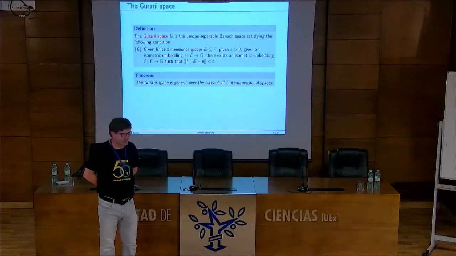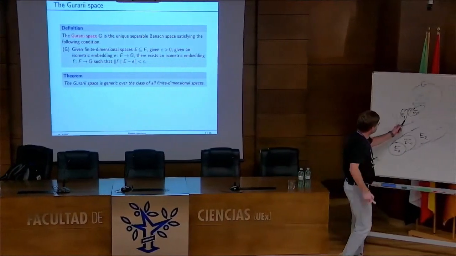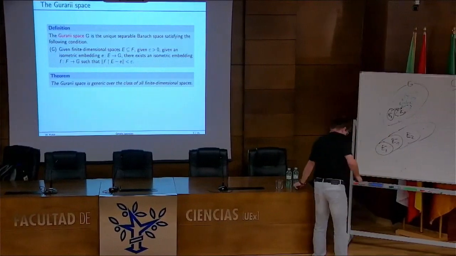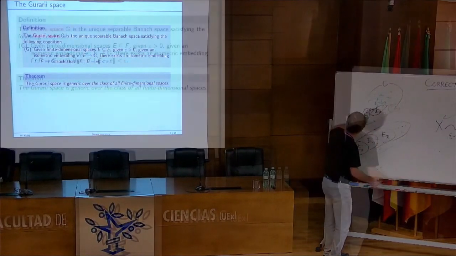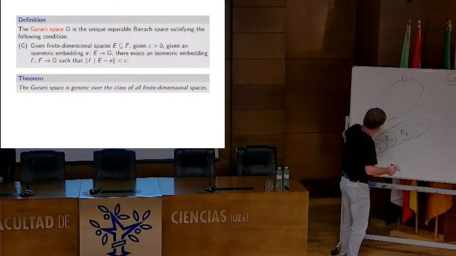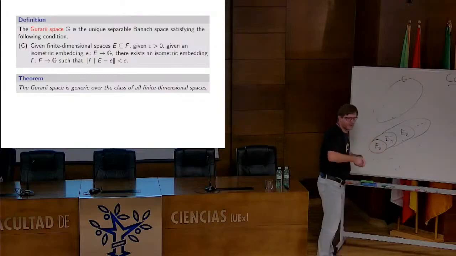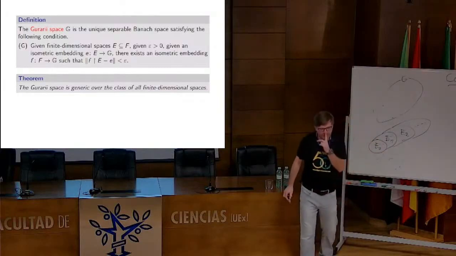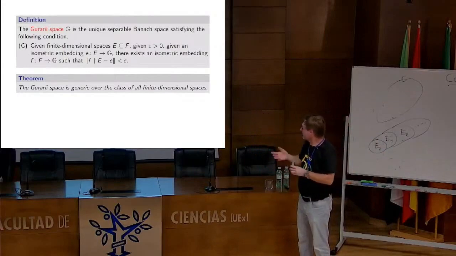I mean, the strategy is more or less like, I hope I will finish on time, but the strategy is more or less like, okay, if the first player starts with some arbitrary finite dimensional space, we need to know one thing, that the Gurari space actually contains everything.